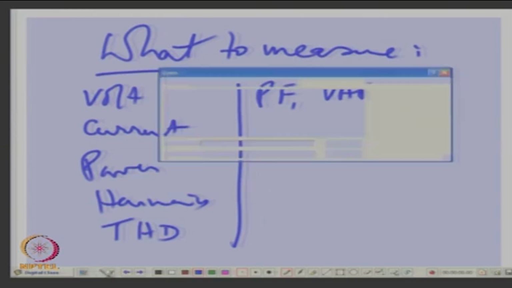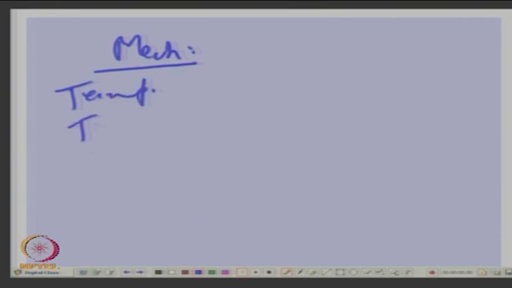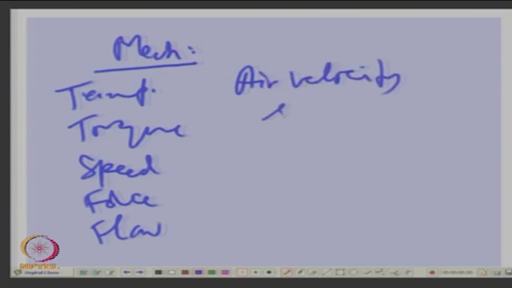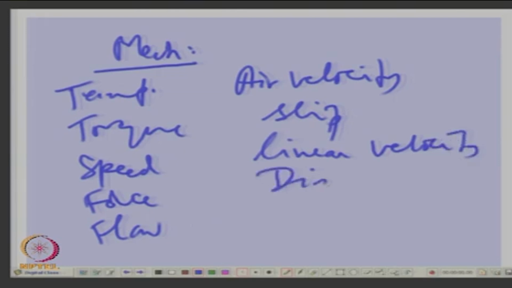Then you may require mechanical, non-electrical quantities: temperature, torque, speed, force, flow, air velocity, slip, linear velocity, and displacement.